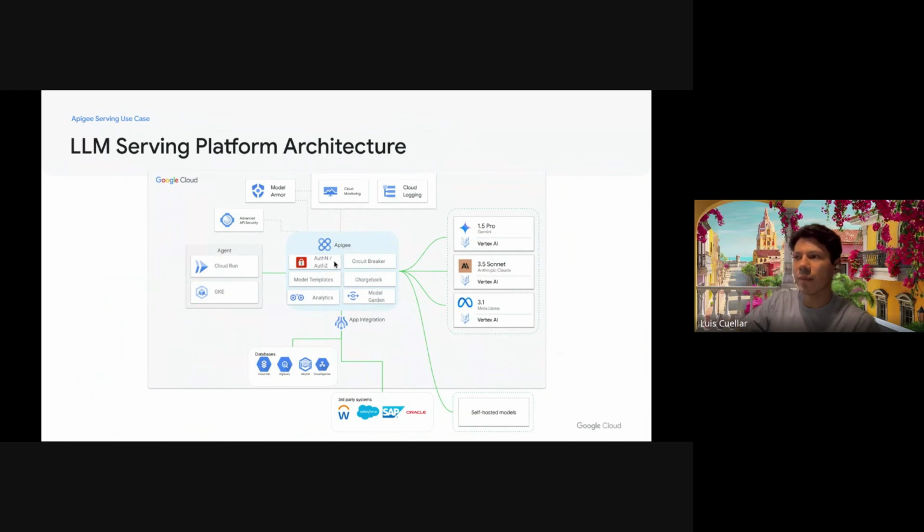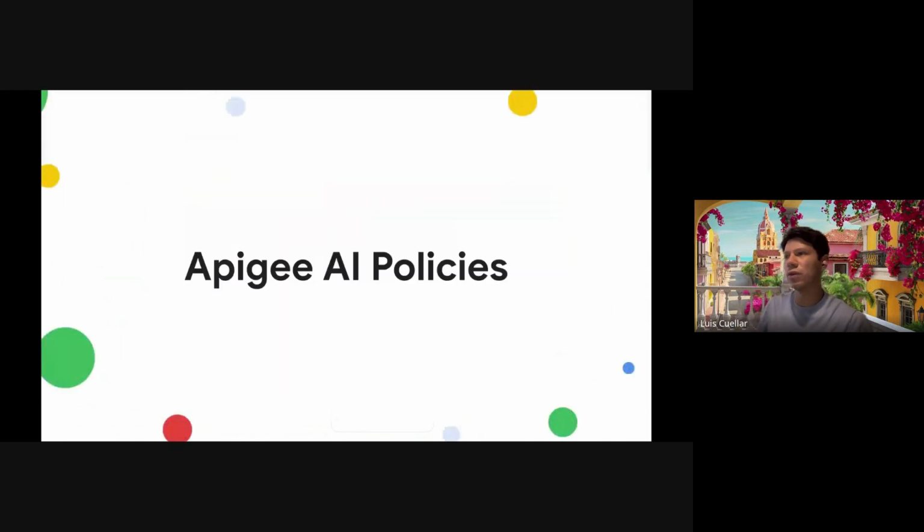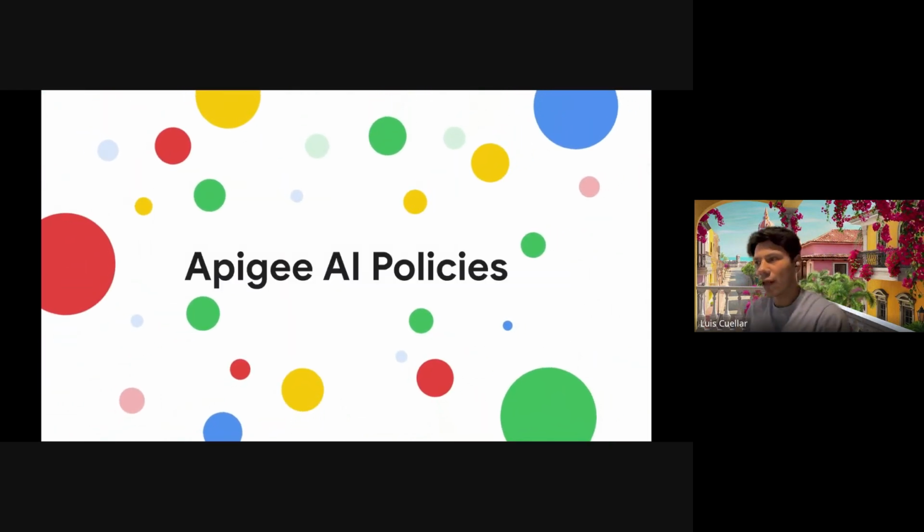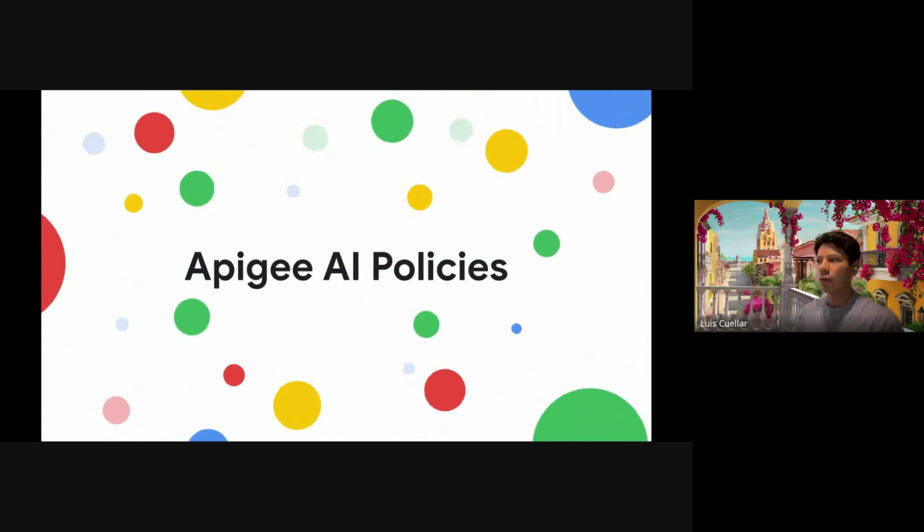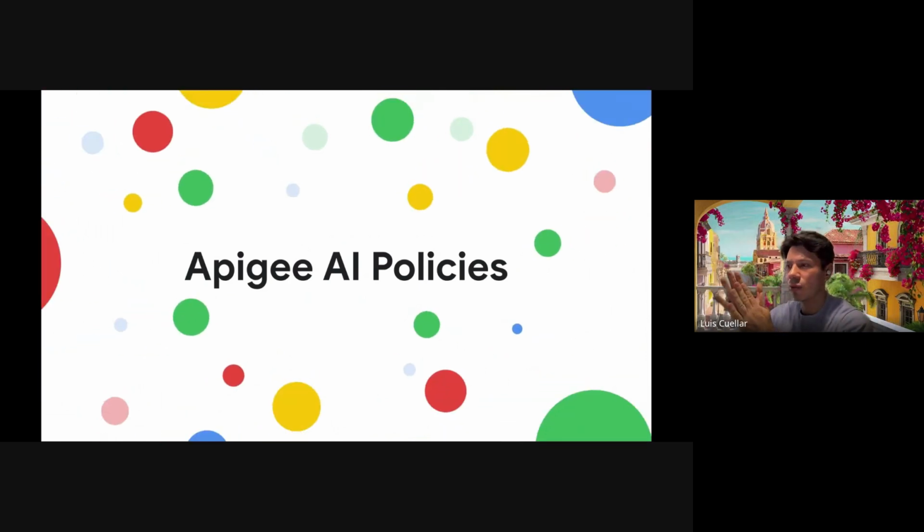We are going to put Apigee with capabilities like chargeback, model garden, analytics, model templates, authentication, and authorization, in order to protect the models that can be in the cloud or on-premise. We can also use this component to integrate, for example, with application integration, as I was telling you, to GCP or to third parties, okay? Perfect.